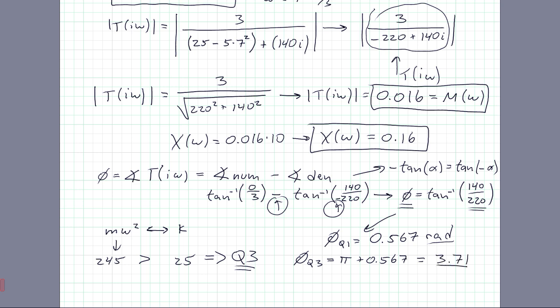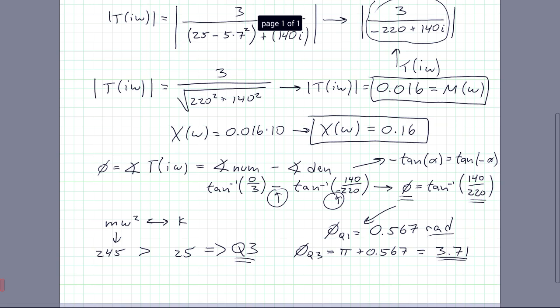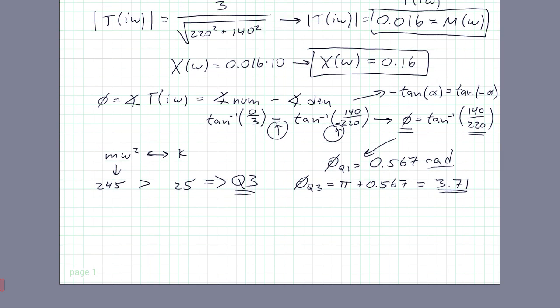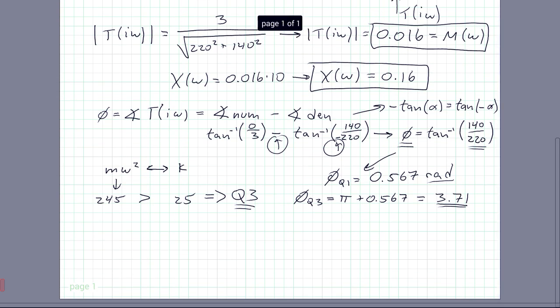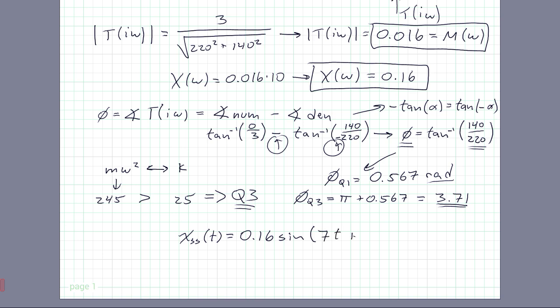So now we're done, because now we write our answer right here. The steady state is going to be my amplitude, which I found to be 0.16, times the sine of omega t, but omega is 7, so sine of 7t plus 3.71. I might as well put a unit there.